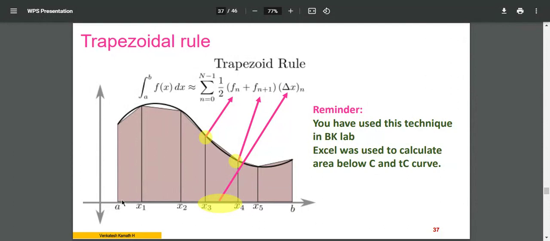So to be precise, f of x, this vertical length, and this small horizontal length, when you multiply them, it is nothing but area under the curve. The area under this curve is given by the small segment. Integration means I'm adding, starting from a up to b, all those segments. This area under the curve is represented by this integral form.